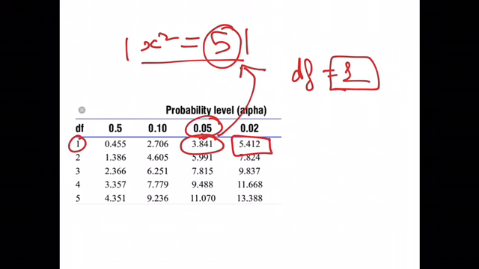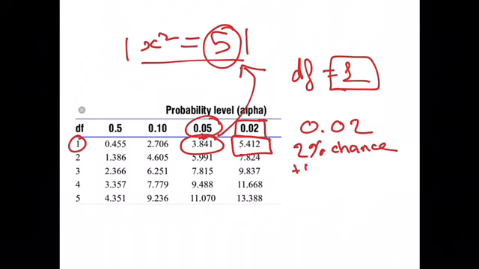So then they look at the probability level, or the significance level, and they assume that there is a 0.02 chance, so a 2% chance, that the test is wrong.